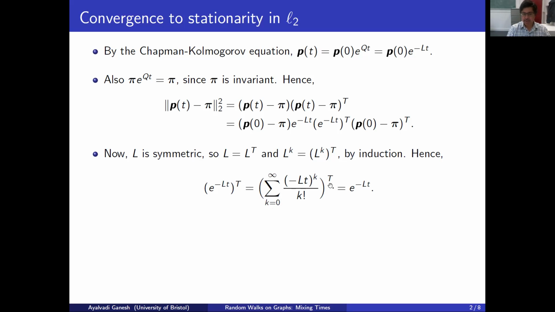And by transposing this, because L to the k is its transpose, you get exactly the same thing, which is e to the minus Lt. I have not written out all the steps, but keep in mind that t is a scalar, so in calculating (Lt) to the k, we can write this as L to the k times t to the k and move t around. Scalar multiplication commutes with matrix multiplication.